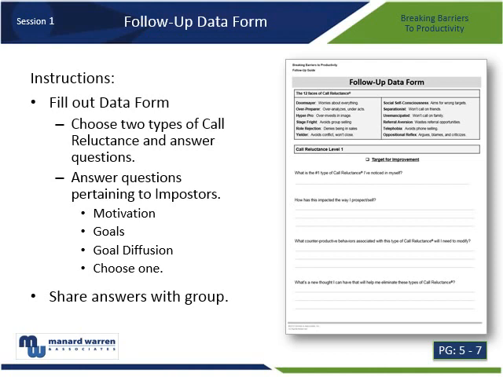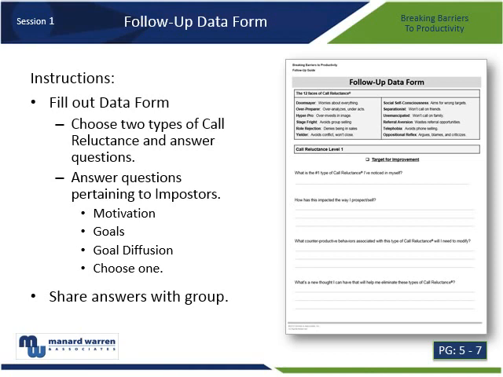We're giving you the opportunity to go back through and write down the 2 types of call reluctance that you're the most motivated to work on. If you've already done that, then you can bypass this activity. If you want to rewrite them or write them for the first time, then you've got pages 5, 6, and then page 7. Page 7 is for the imposters.